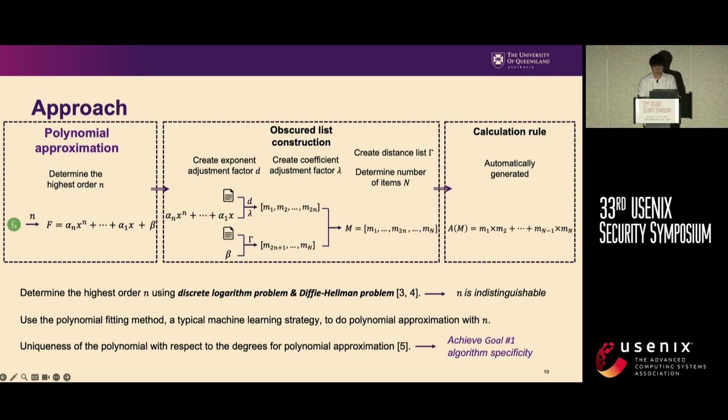Once the n is determined, we apply a machine learning strategy known as polynomial fitting to approximate a polynomial with the degree n. According to the uniqueness of the polynomial theorem, the result of this approximation is unique to that specific polynomial. This polynomial approximation ensures goal one, the algorithm specificity.